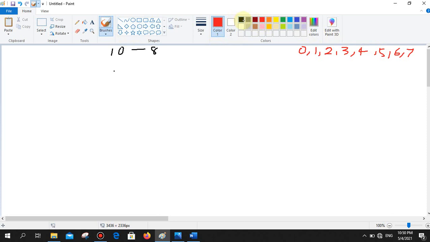We'll see how we can convert the decimal number 6 into octal. Right, now here also you can write this type of small method: if the given number is equal to 8 or greater than 8, then you all have to divide it again.